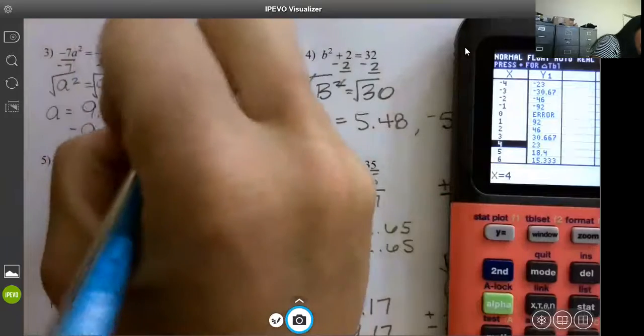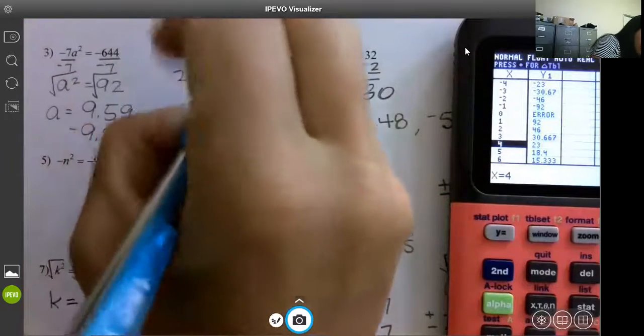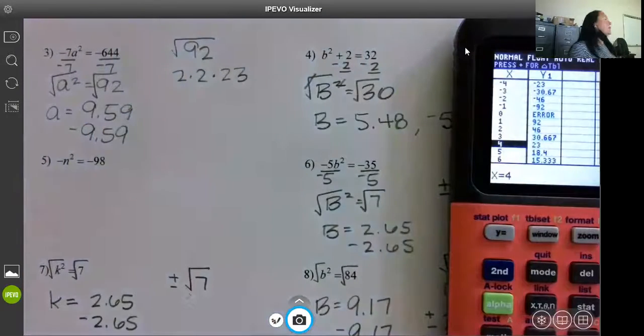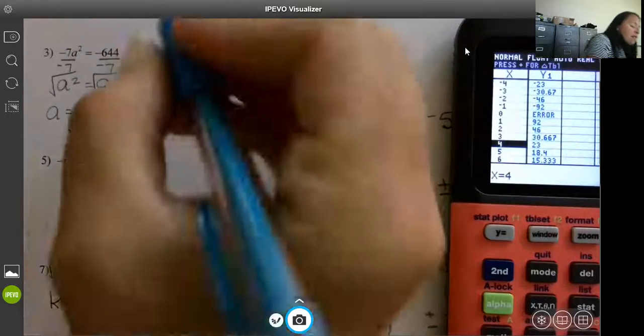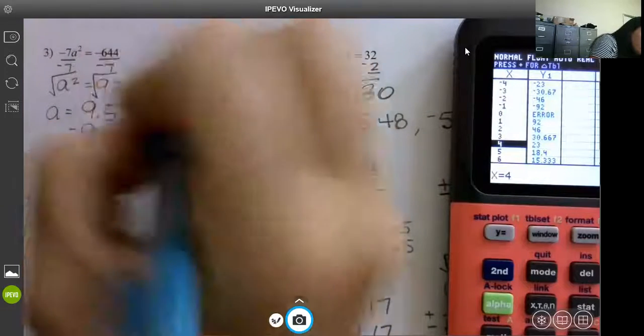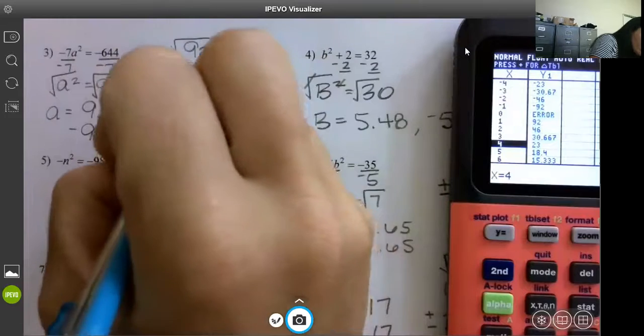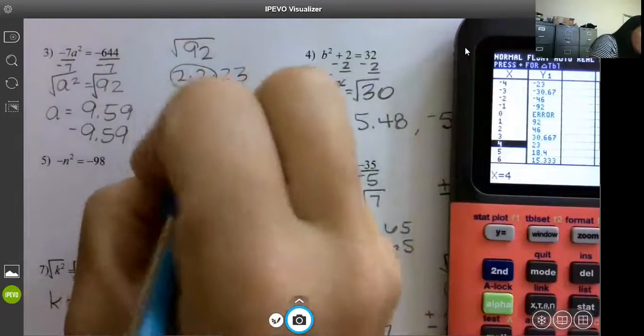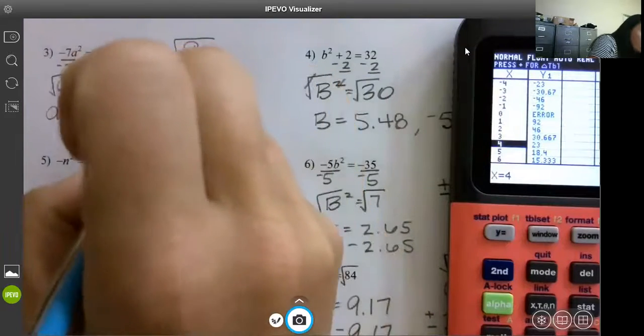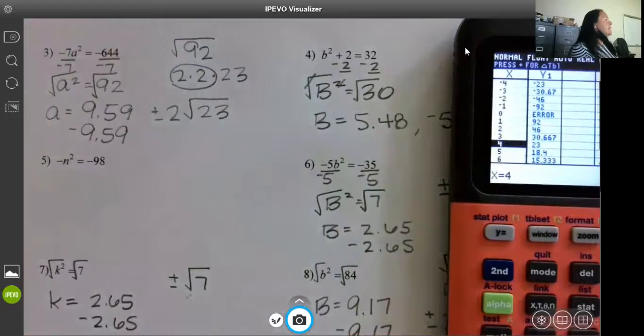So 4 is 2 and 2, and 23 will not break down into anything else. So I have a pair of 2s that will come outside, and I didn't touch the 23. Make sure that you do a positive and a negative. Again, I don't care which one you give me, decimal or square root form, but you will have to do square root form tomorrow.